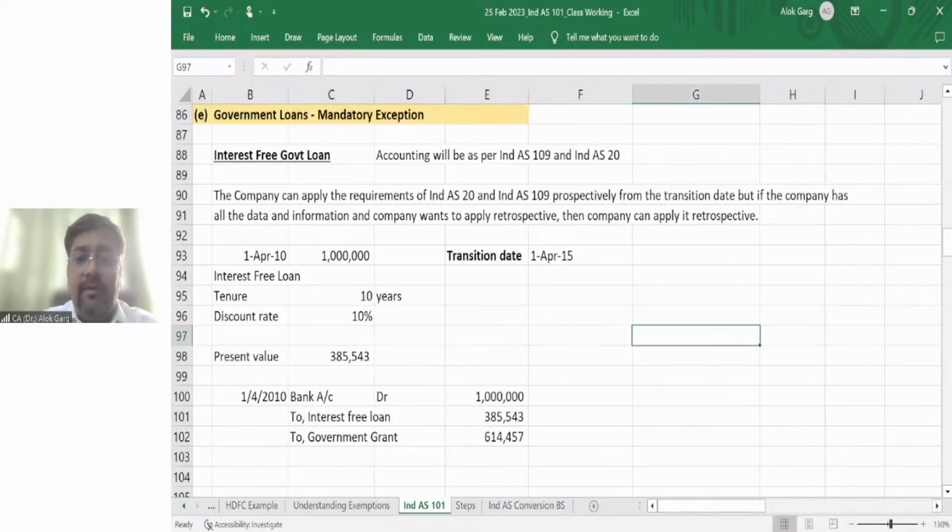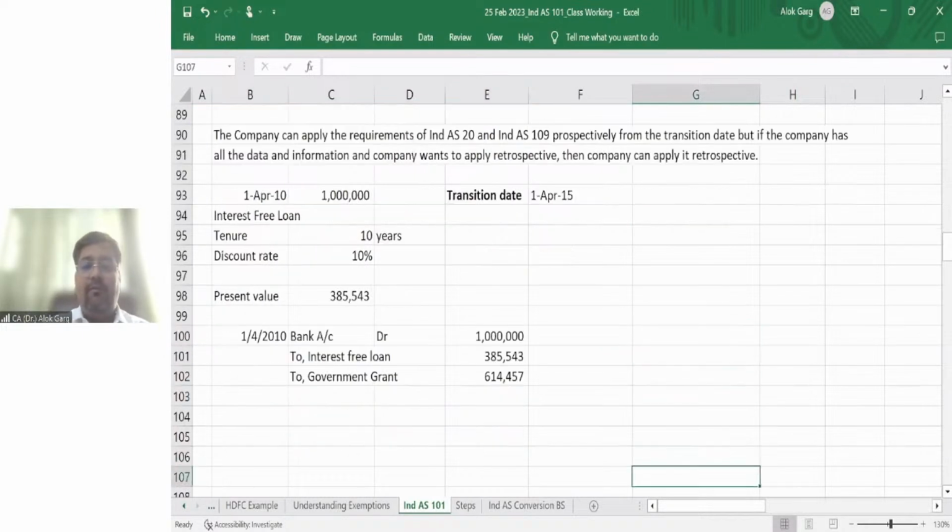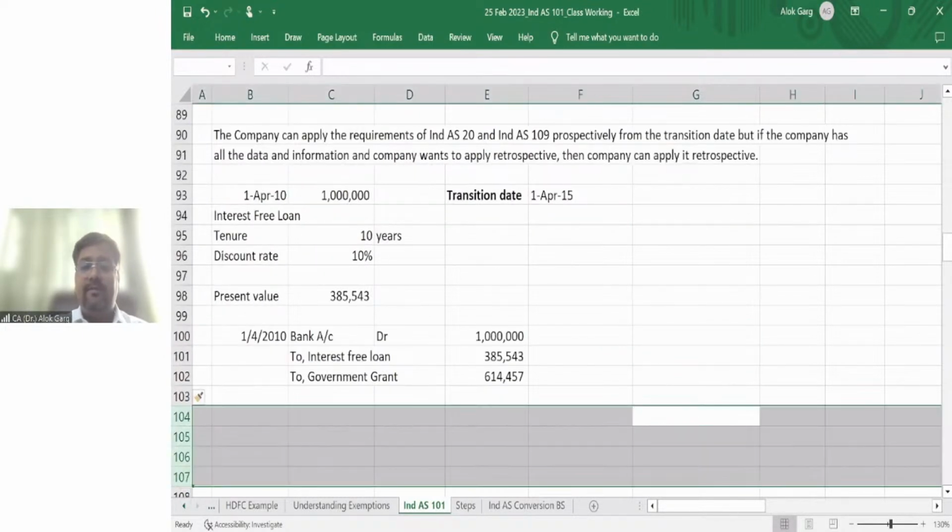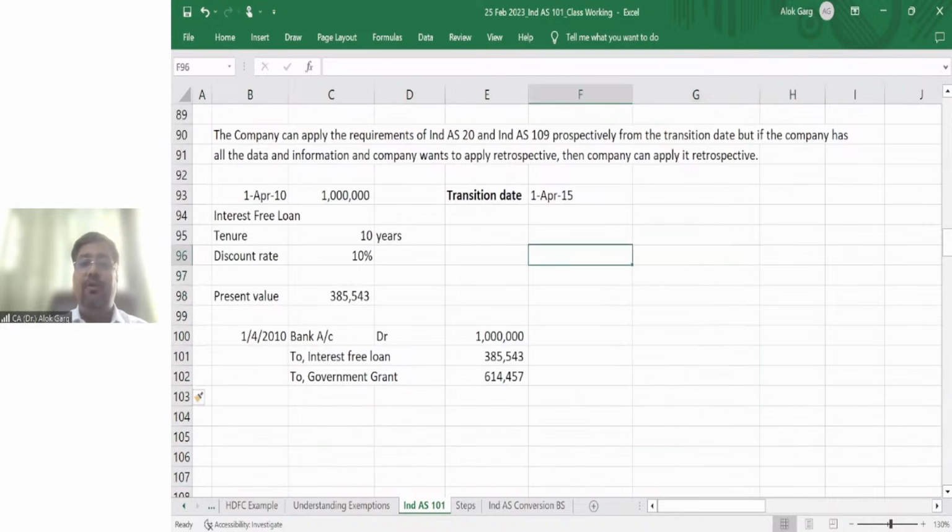Now, next 10 years, what will happen? Let me prepare the schedule for the next 10 years. 31st March 2011, right? 31st March 2012. I'll write as 11, 12, 13, right?